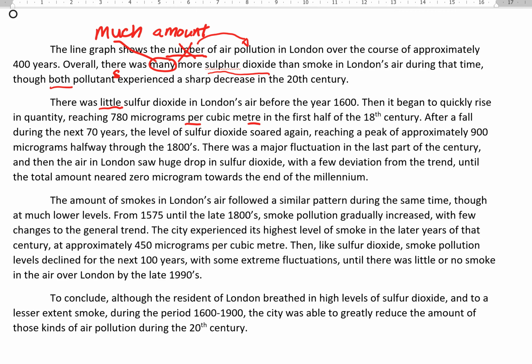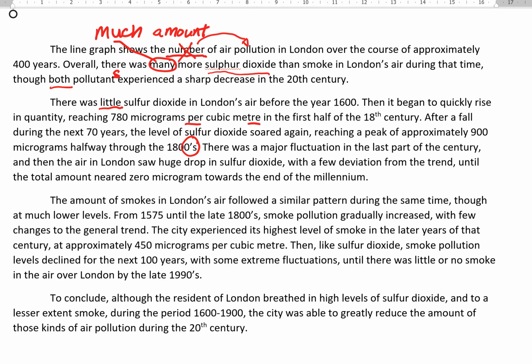Reaching a peak, right? A peak of approximately 900 micrograms halfway through the 1800s. Notice the use of apostrophe s for plural for a number here. Okay, there was a major fluctuation, one fluctuation, a fluctuation in the last part of the century.